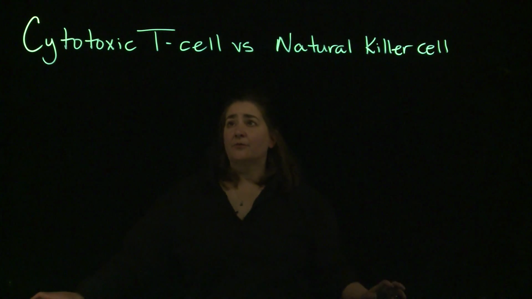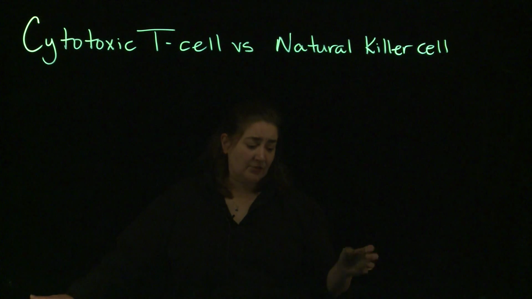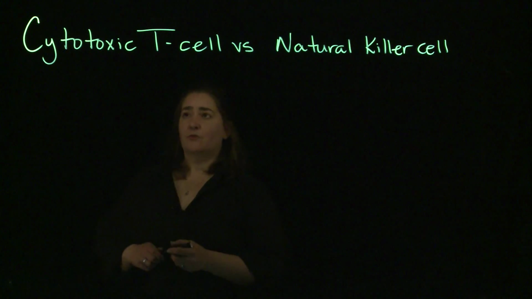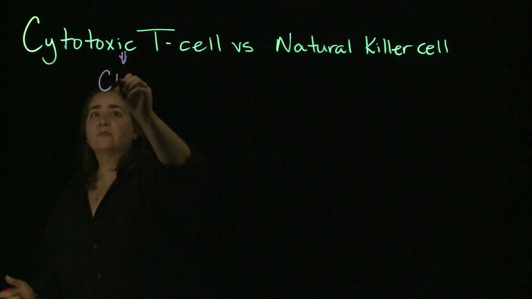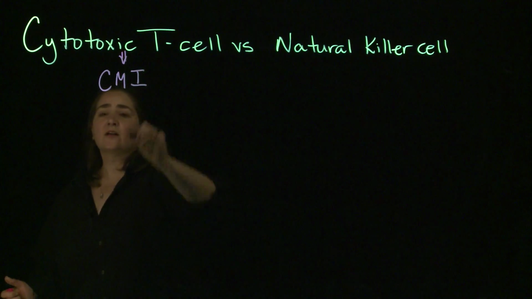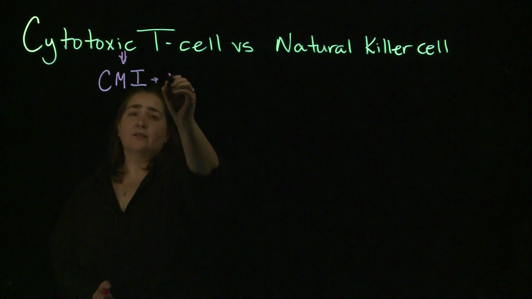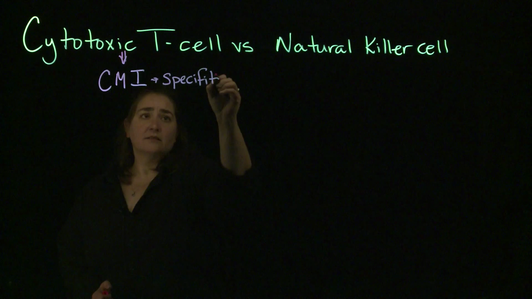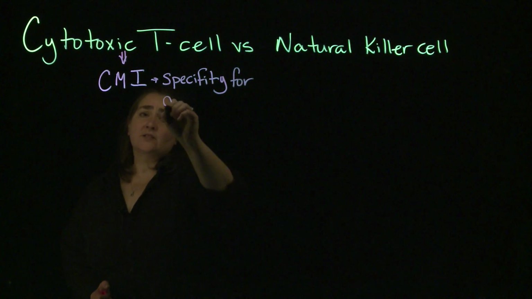In this video we're going to focus on the difference between cytotoxic T cells and natural killer cells. At a very basic level, cytotoxic T cells are part of cell-mediated immunity, meaning there is specificity for an antigen.